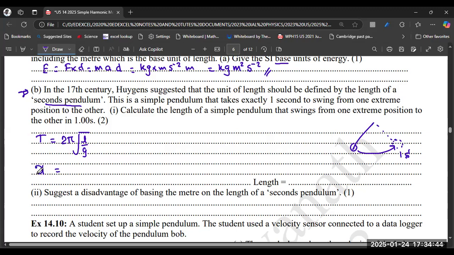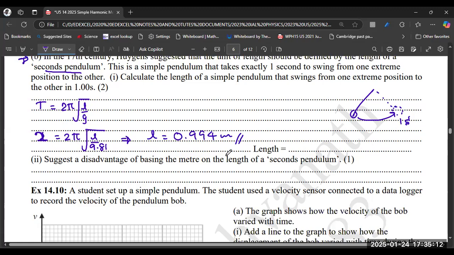So the time period should be 2 seconds. 2 equals 2 pi square root L over 9.8. And we get 0.994 meters. So it's not actually 1 meter, right?